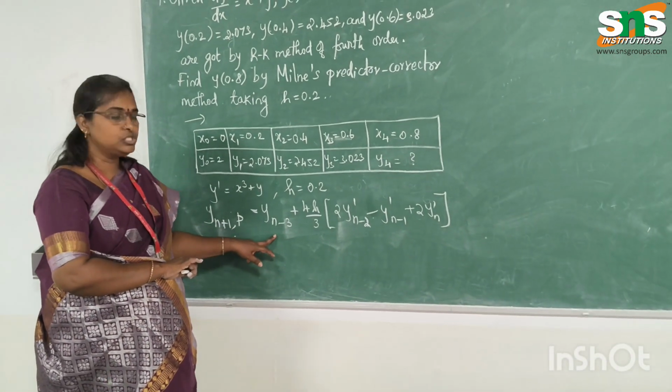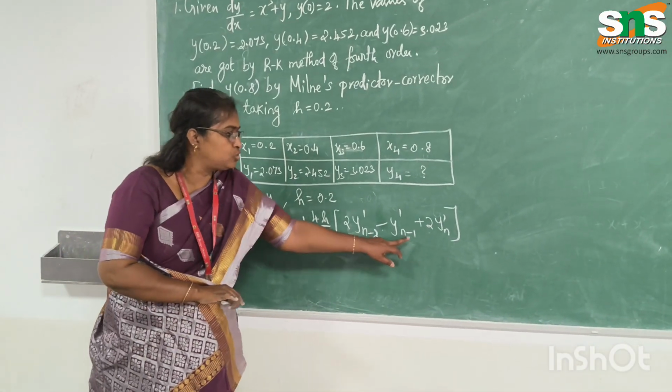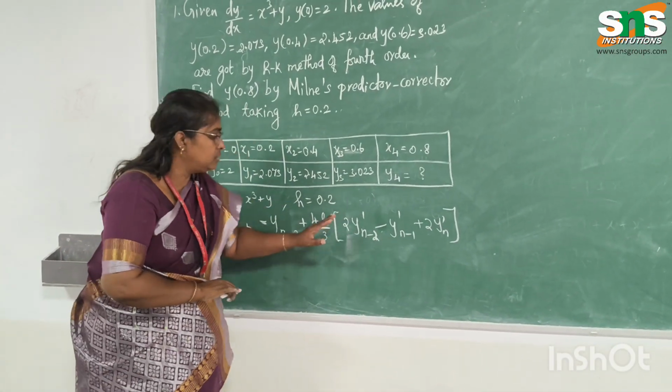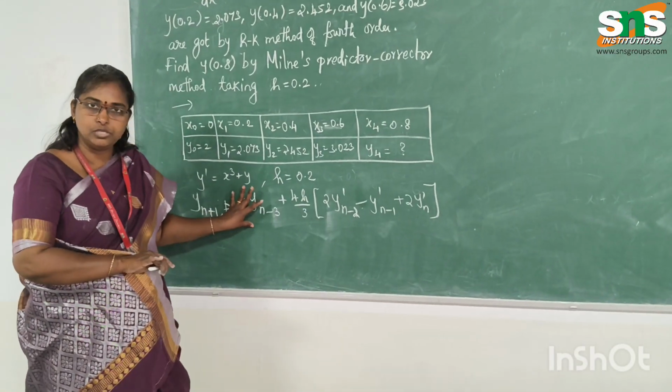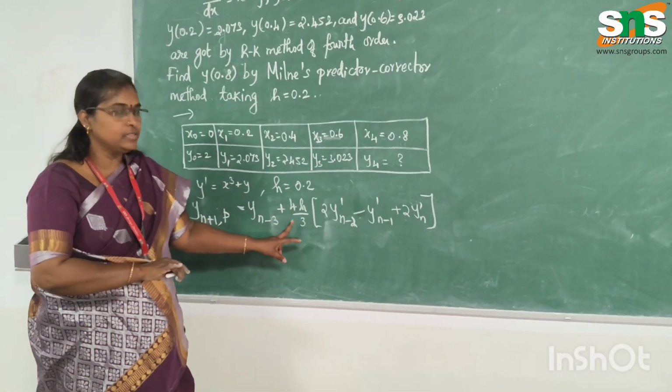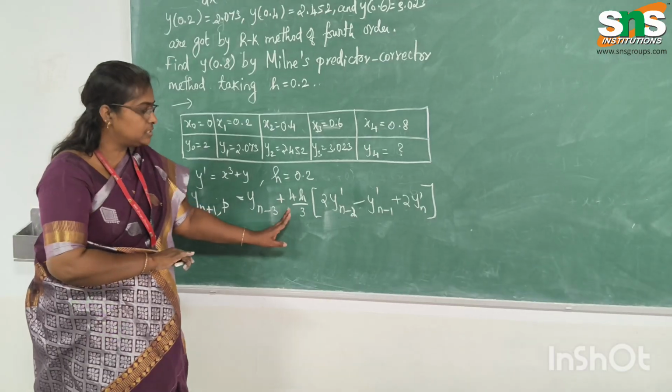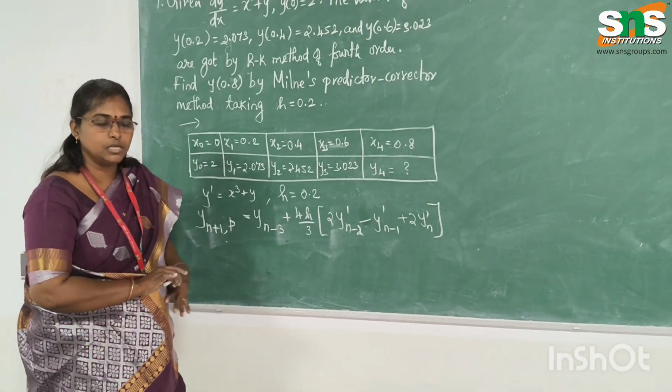For the predictor formula, start with n minus 3, n minus 2, n minus 1, n. Inside the bracket alone we have the derivatives, outside there are no derivatives, and also the factor 4h by 3. This is the difference between predictor and corrector.